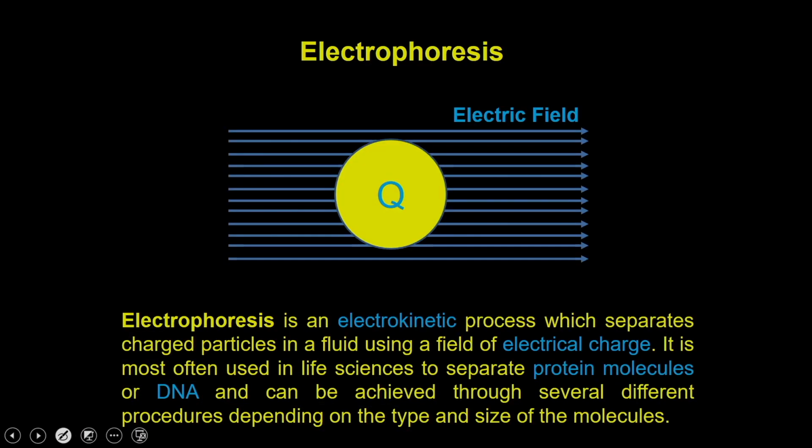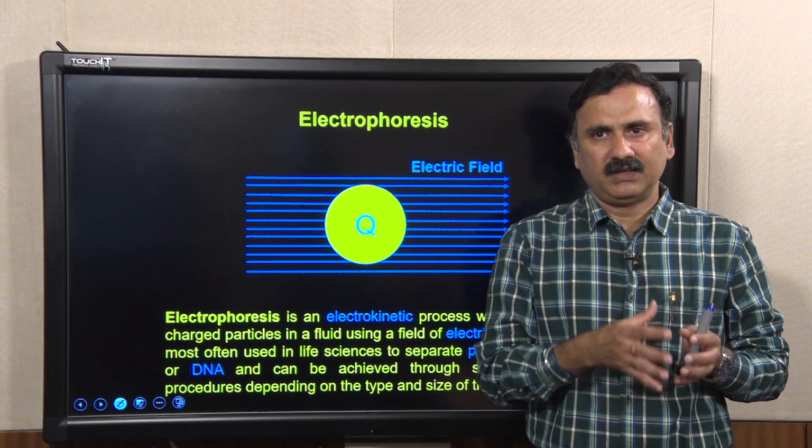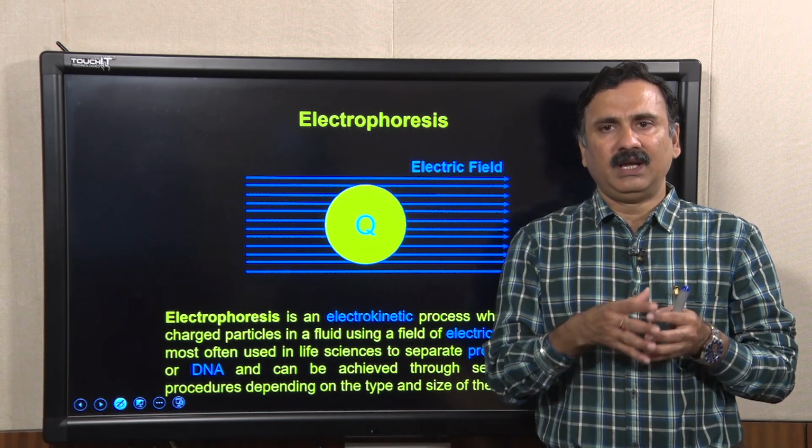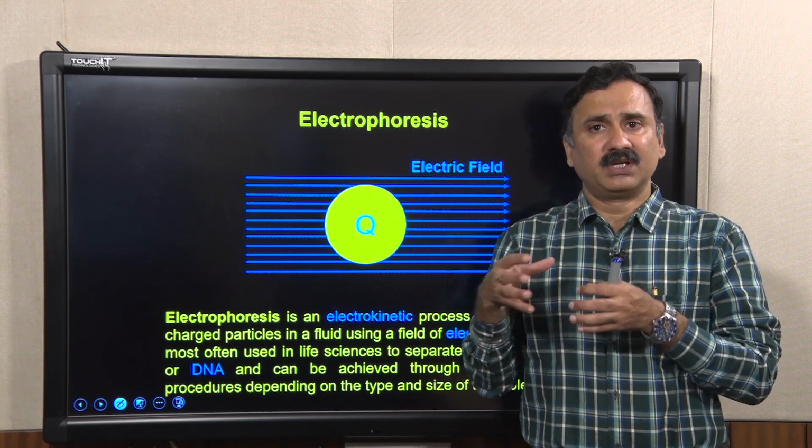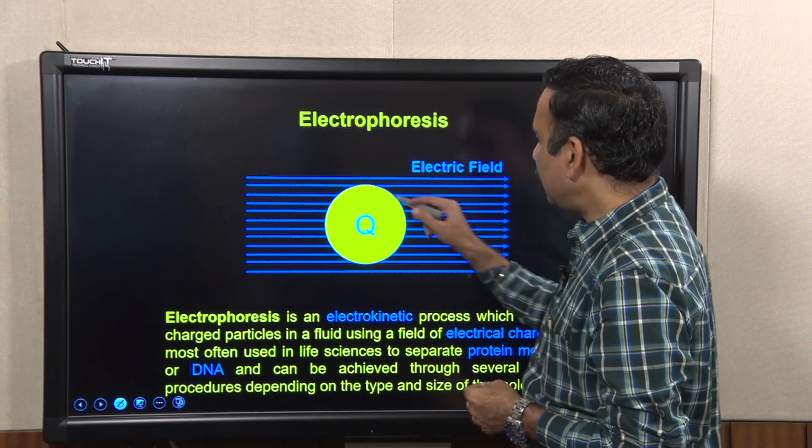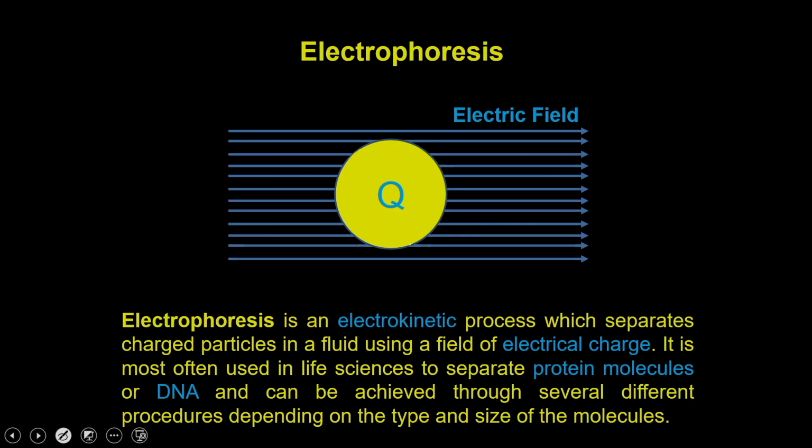As the name suggests, electrophoresis means the study or separation of molecules when they are running in an electric field. You can imagine that you have a charged molecule containing Q charge and it is running in an electric field.